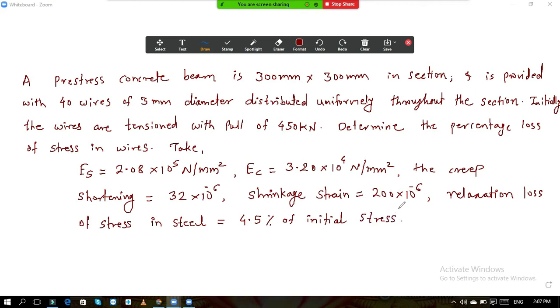So all this is the given data. So let us see how to solve this problem.